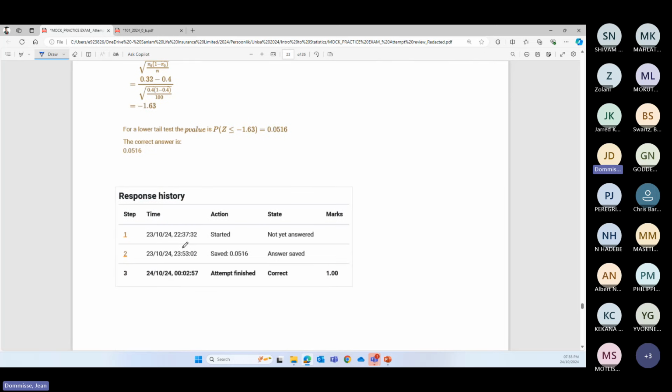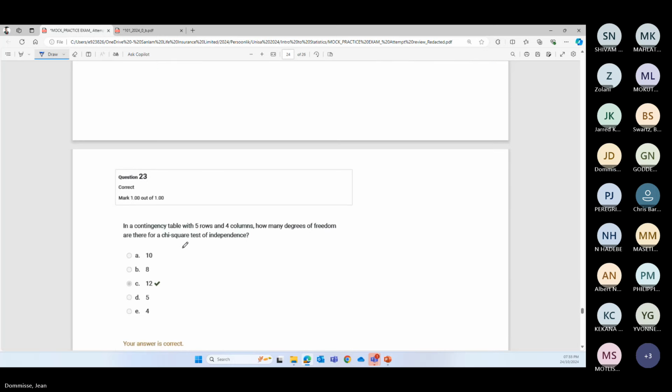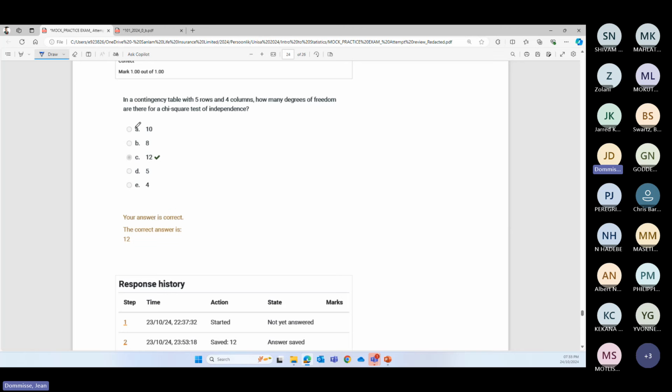Okay, so let's see this one. This one was in last night's as well. Chi-square. We looked at 5 rows, 4 columns. So it was, I think it was just different numbers. So 5 minus 1, 4 minus 1. Last night's was 6 and 2 or 6 and 3 or 5 and 3 maybe.